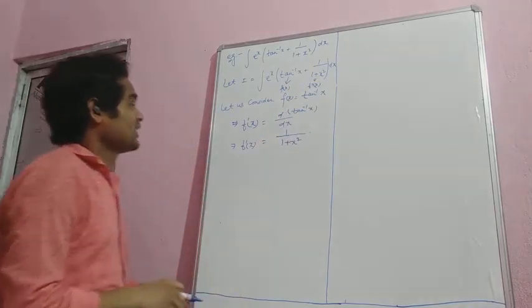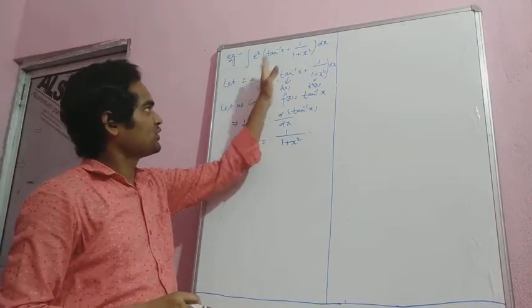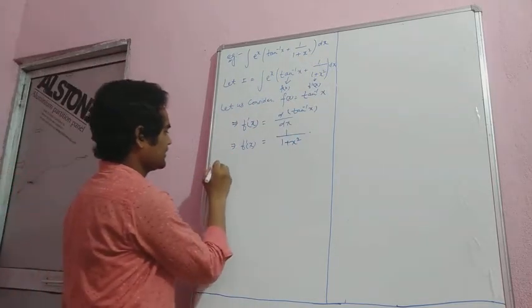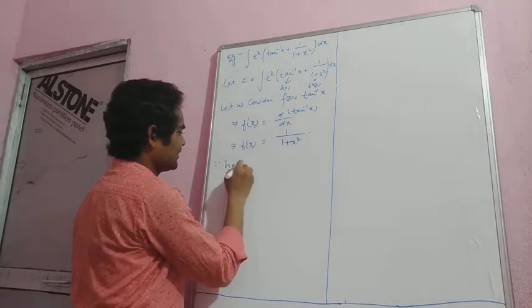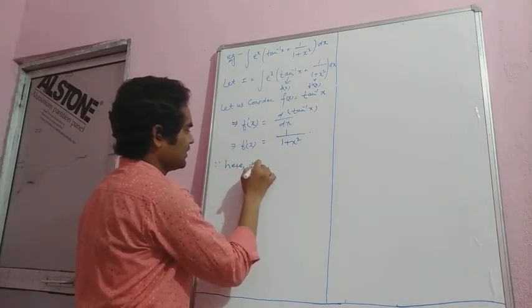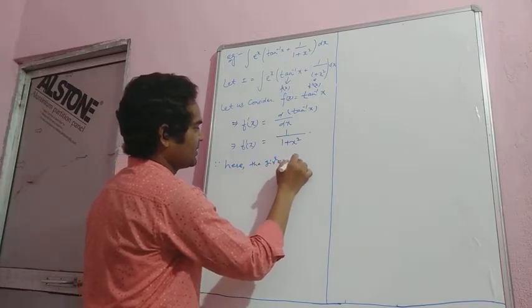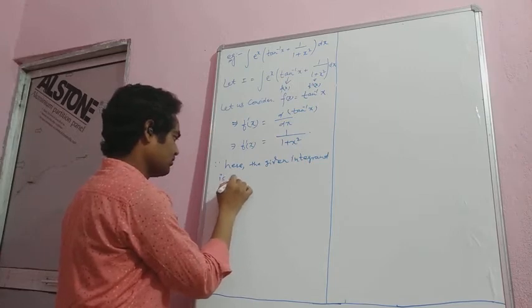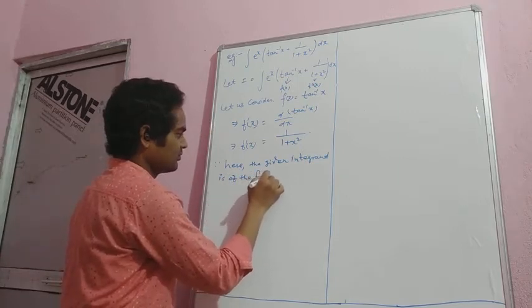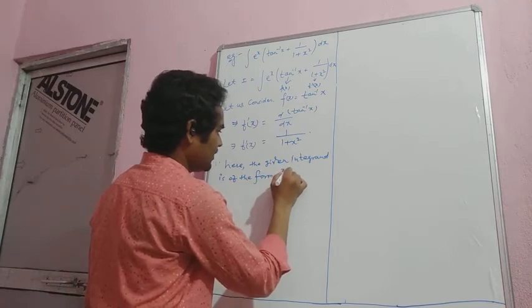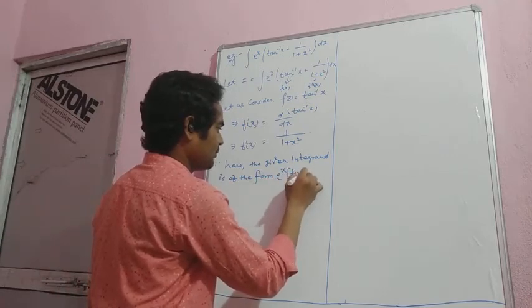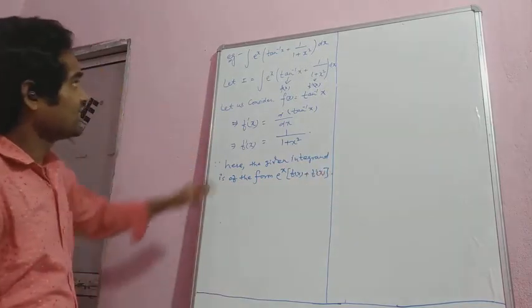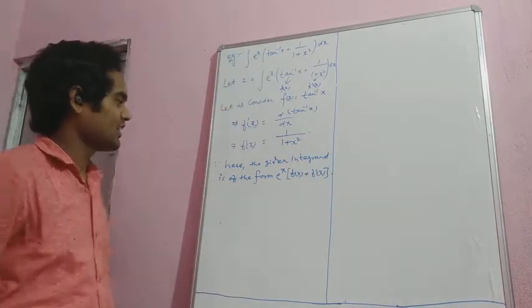Now the given integrand is of the form e to the power x into f(x) plus f'(x) dx, so we can directly write its integral.